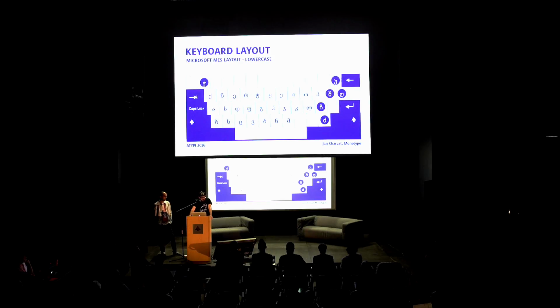There is one solution already from Microsoft called Mesh Layout, and it scatters the main characters from the shift positions, six main characters around the base layout, and you can have this also for uppercase. So this may be a solution, but there still needs to be some discussion whether this becomes a standard or not.